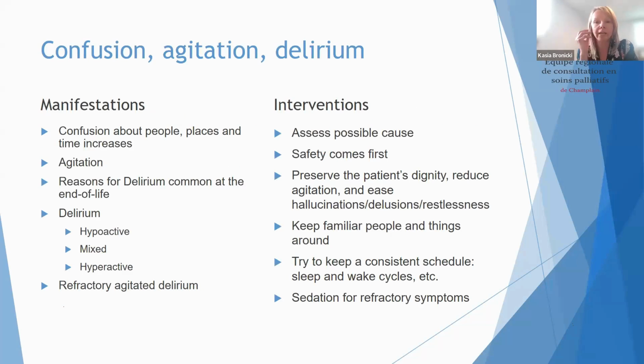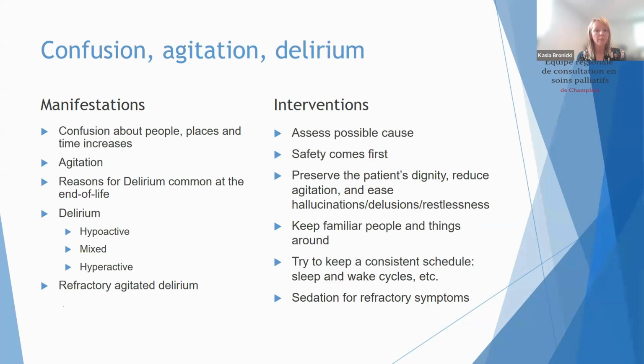I'm not going to get into the nitty-gritty of delirium, because there's already been a presentation, but I will bring up a few things around confusion, agitation, and delirium. As somebody progresses to the end of life, months to days to hours, we can see more confusion, they may not be alert and oriented to person, place, or time. Agitation can be common, either not in the context of delirium or in the context of delirium.